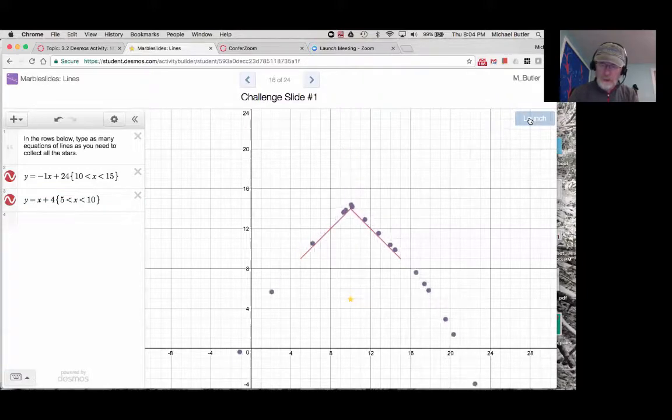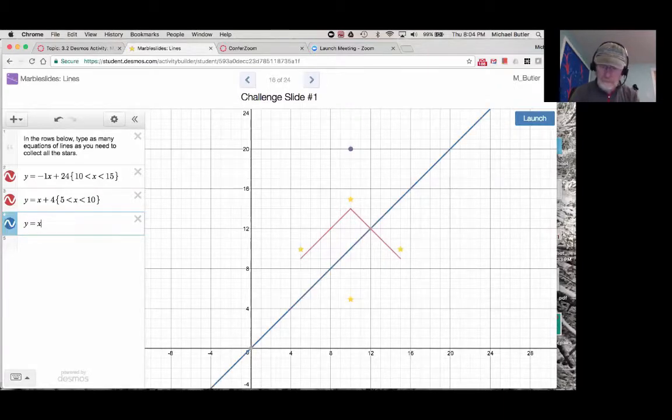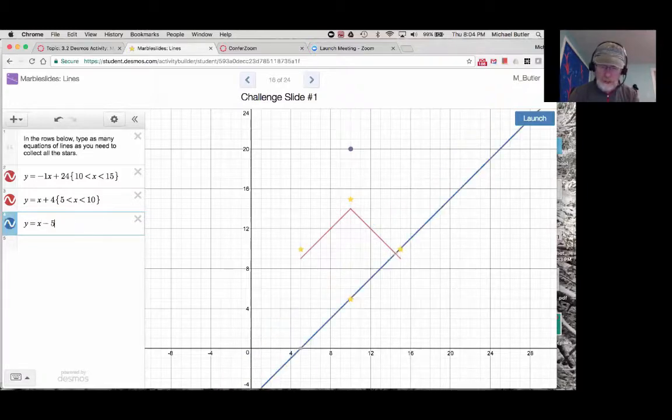So what I want to do is down here, when those marbles come off, I want to catch some of them and bring them back over here to that one, right? So I want to make one more line that's going to do that. So let's go ahead. Let's make it y equals a positive x again. And then let's shift that down. Let's say, let's make it -5. Let's see where that goes. Nope, that's not enough.